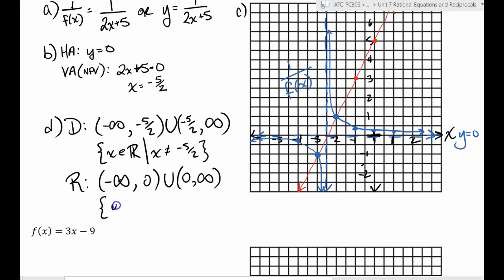Again, set notation isn't a bad thing to use in these instances. That's why we keep seeing both being used, so that you get comfortable with the idea and choose whichever one's more appropriate for you. In this case, y cannot be 0, though. That's my only restriction.